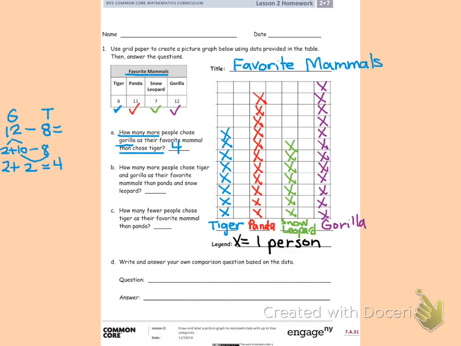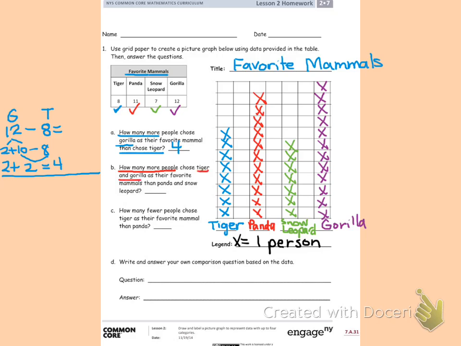Now let's look at item B. How many more people chose tiger and gorilla as their favorite mammals than panda and snow leopard? I will go ahead and draw a line here to separate the work that I'm about to do. I'm going to underline how many more people.